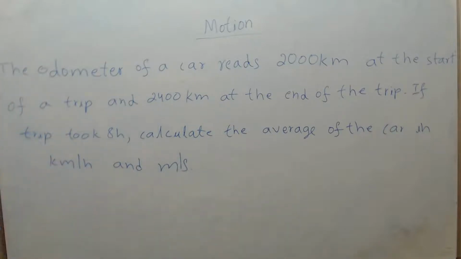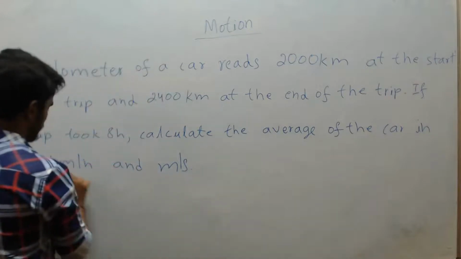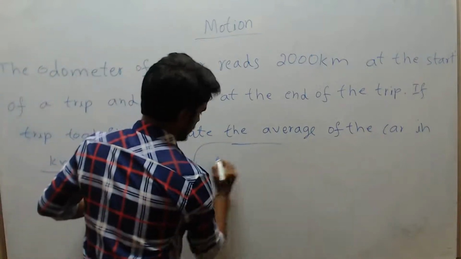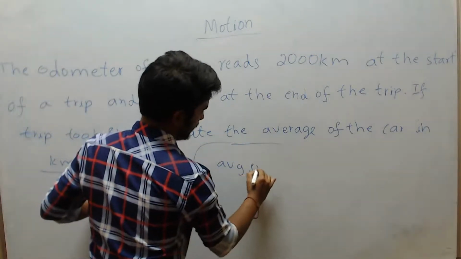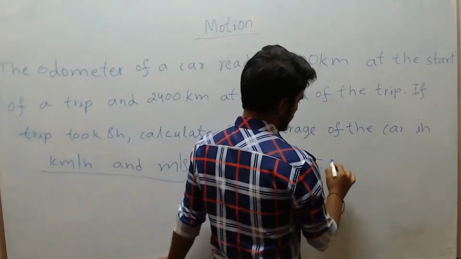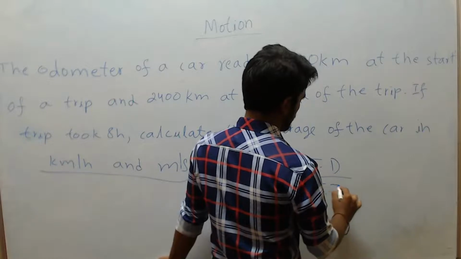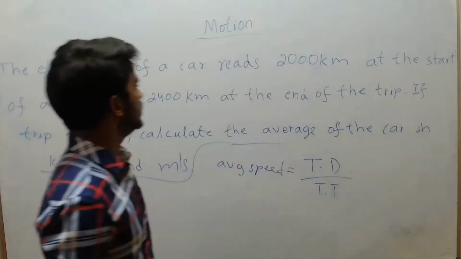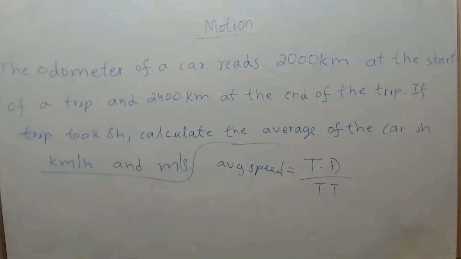Okay. So here we need average speed, right? So we know the formula. Average speed equals total distance traveled divided by total time taken. What is the total distance? At the start of the trip, the odometer shows 2000 kilometer.